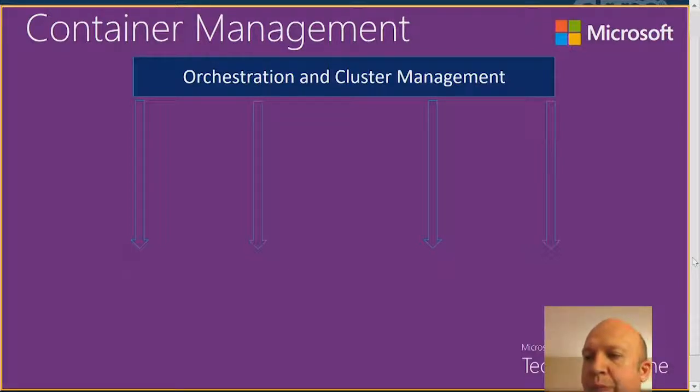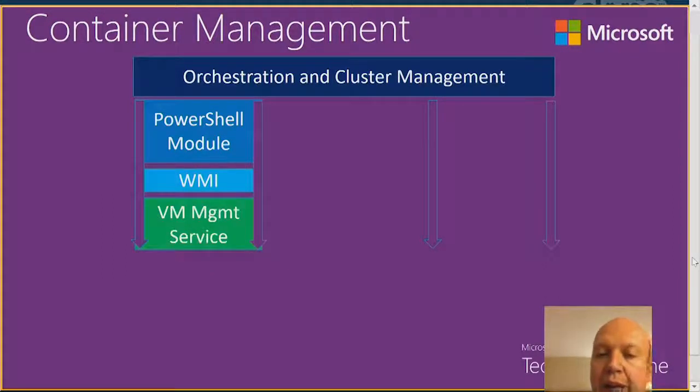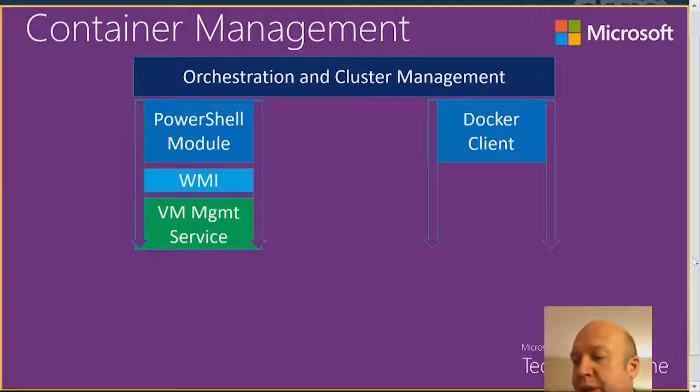But for now, your focus really will start at the next level, and that is either using something like the PowerShell module. The PowerShell module is going to make a communication back as far as the WMI on your host, and that will then communicate with the VM management service. Or if you have already been a Docker user in the Linux world for many years, or just want to standardize on using simple Docker commands so that you can move between those two worlds, then you can of course intermix and run with the Docker client.